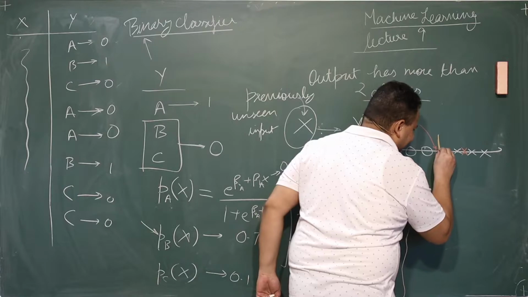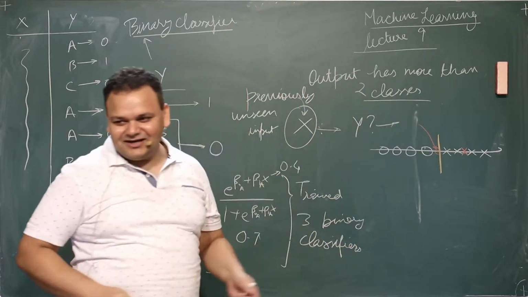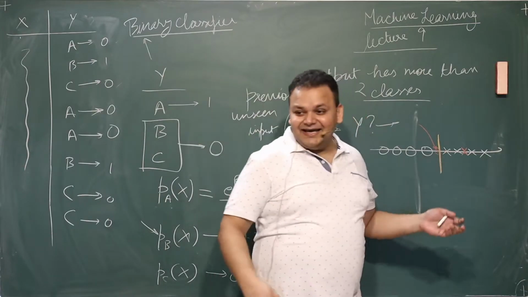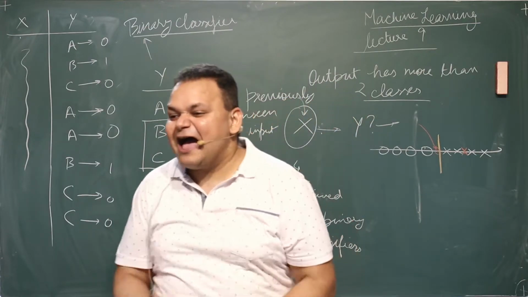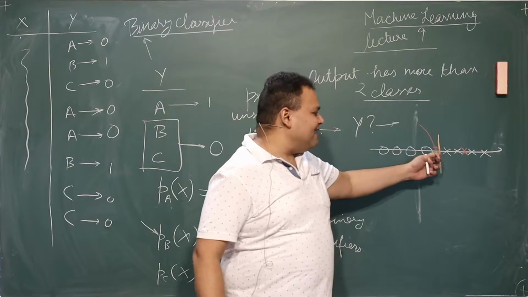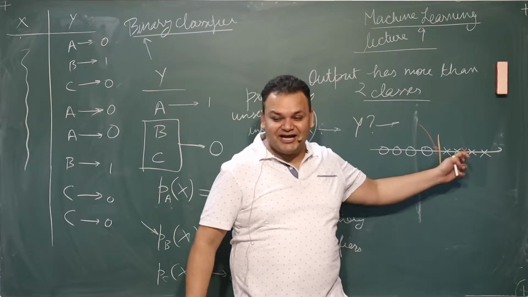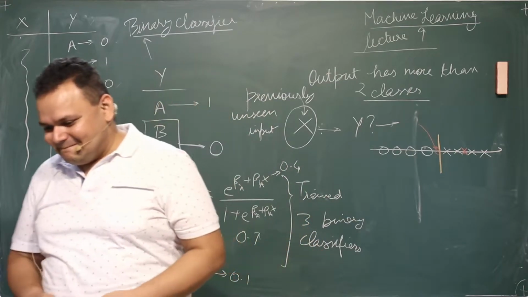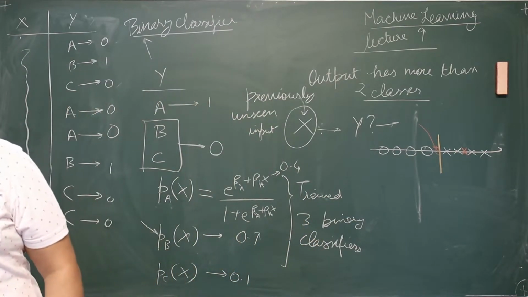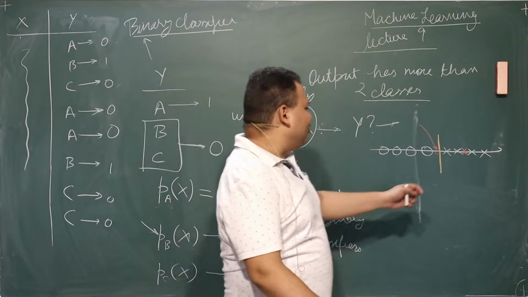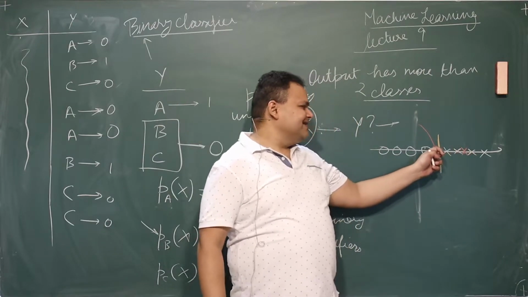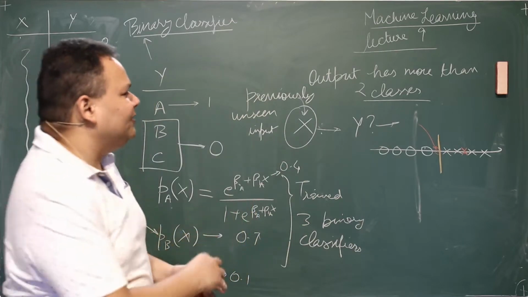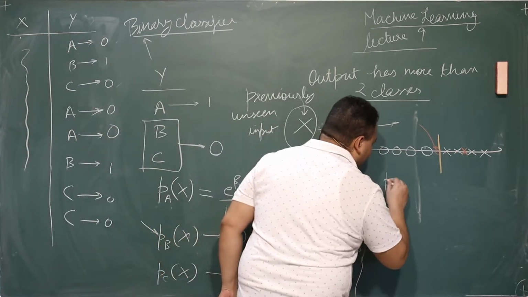I may assign a circle or 0 to it, but the certainty is less. Do you have more confidence in assigning a cross over here, or more confidence in assigning a 0 over here? For the cross, we will be sure. We have more certainty about this being a cross than this being a 0. Are you able to understand that based on your probabilities also?